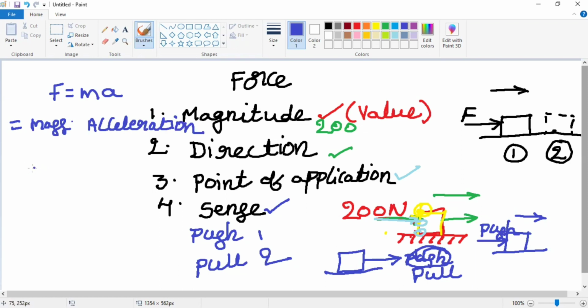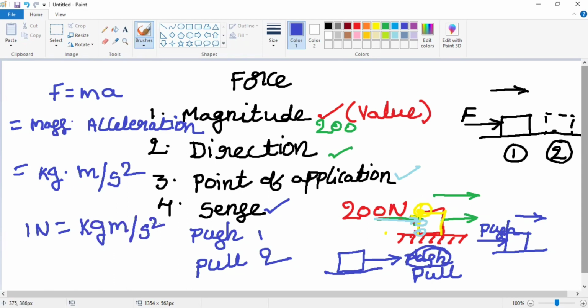After that, we have to learn about the units. The SI unit for mass is kg, and for acceleration it is meter per second square. So the unit for force is kg meter per second square, which is written as Newton. 1 Newton equals 1 kg meter per second square.